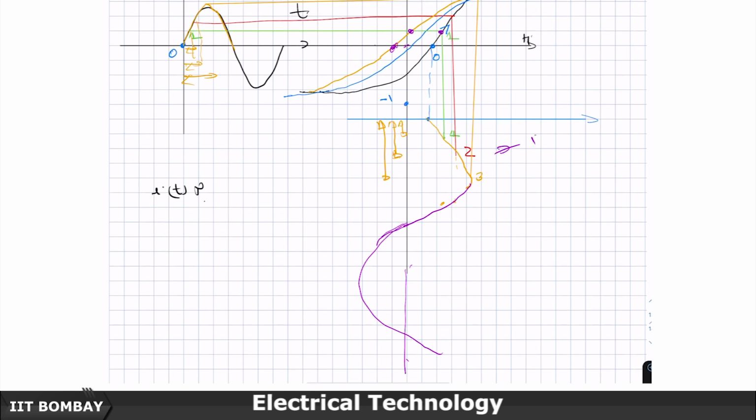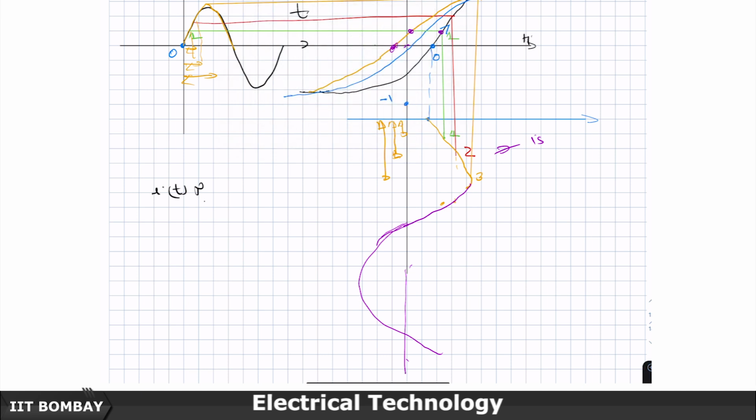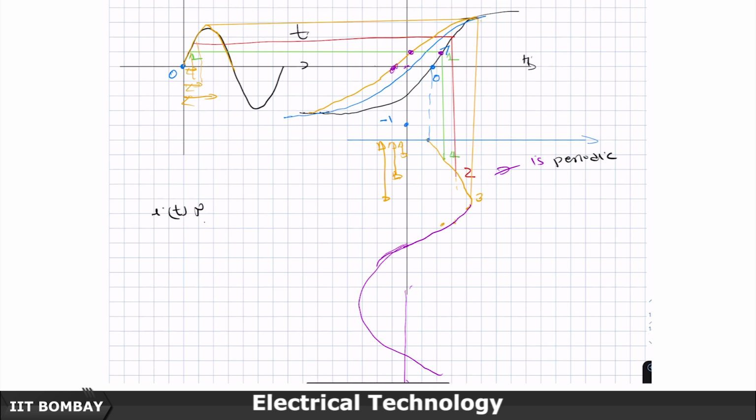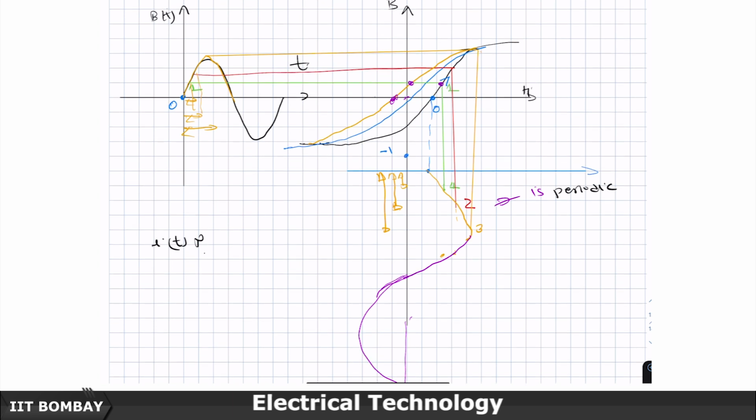The point I am trying to make is that the waveform is periodic, no doubt, because whatever is traced in one cycle is going to be traced again and again. So it is periodic, but not symmetric.